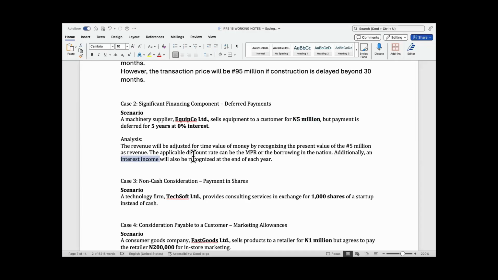Whenever you discount to present value, you would need to unwind the discount. Because of that, you would recognize interest income as well at the end of every year, with that unwinding of discounts in this case.